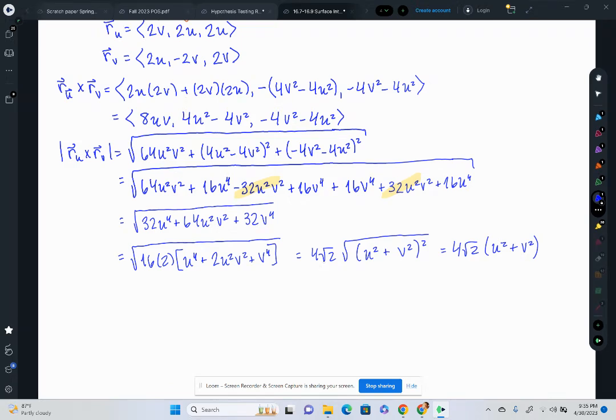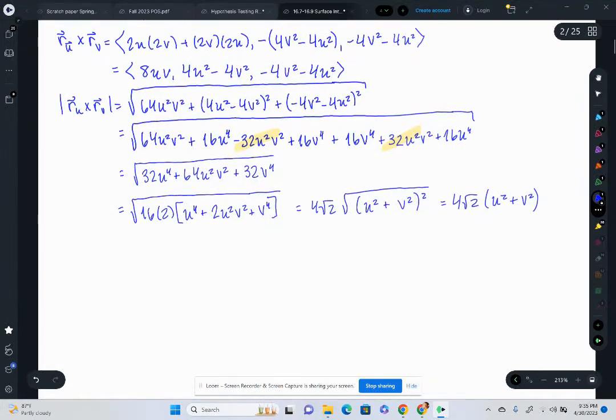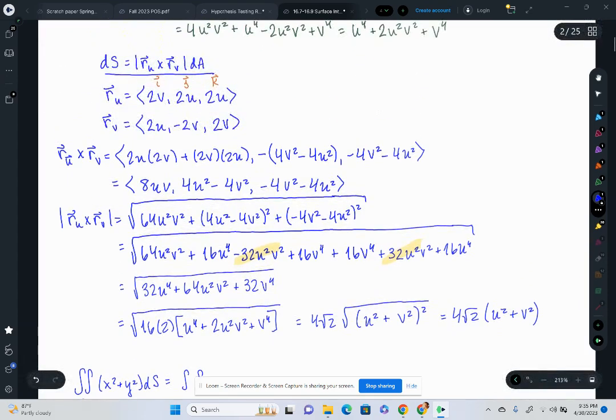Let's see, what do we want to do here? I'm going to go ahead and put all of this into my integral. All that work. So when we get to the integral, we're looking at the double integral over S of x squared plus y squared dS, which is equal to the double integral. The x squared plus y squared, we have to go back and see what that is.